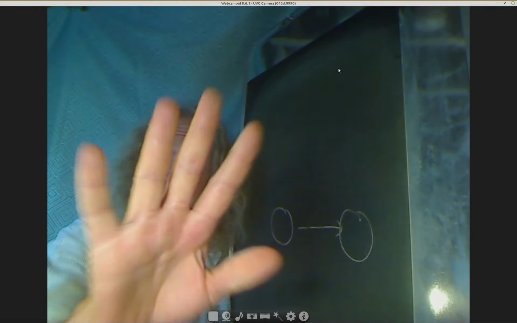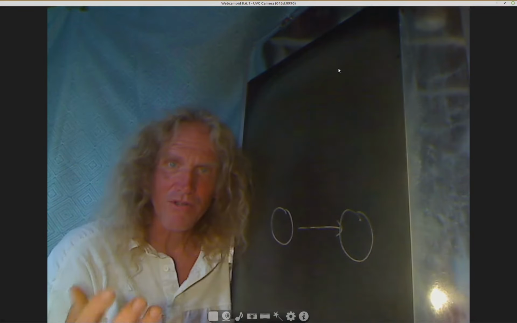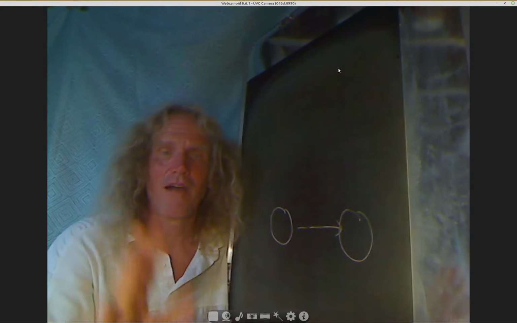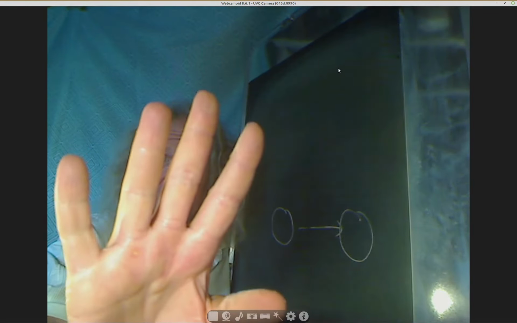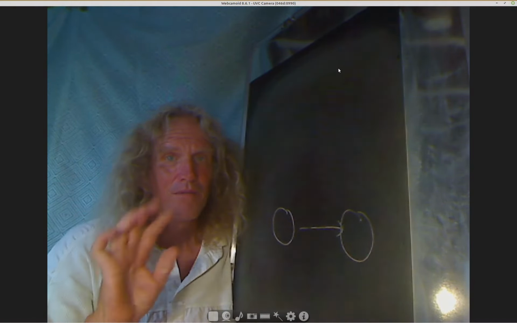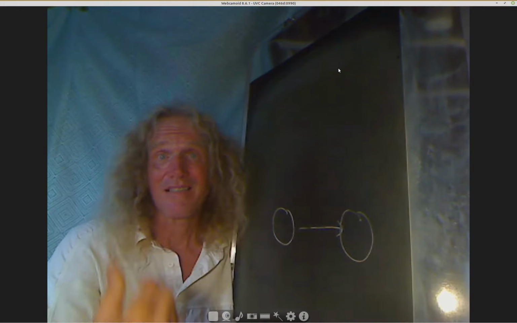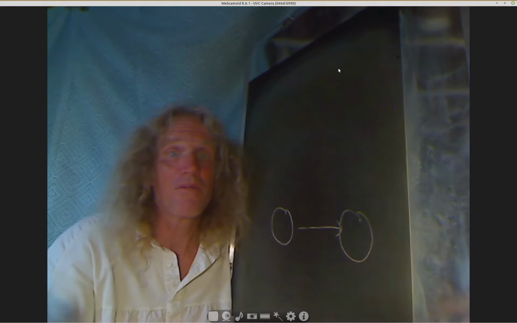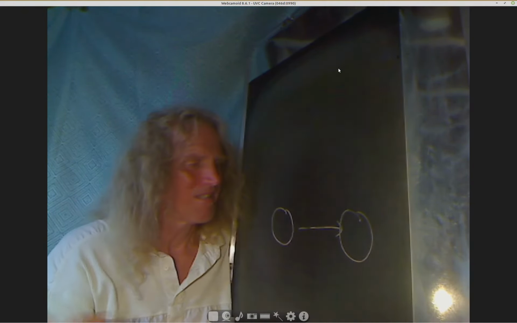You're saying you don't get it? So when I move an electron, what am I doing? One side of the electron is reflecting more light. The other side, from the other point of view, when I go like this, is saying, what happened? Where'd the electron go? Because it disappears essentially.